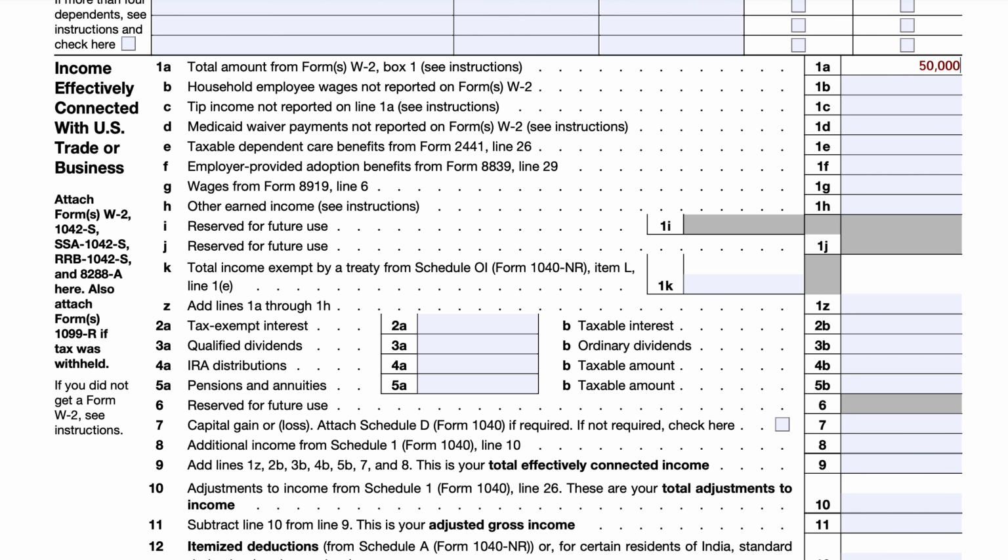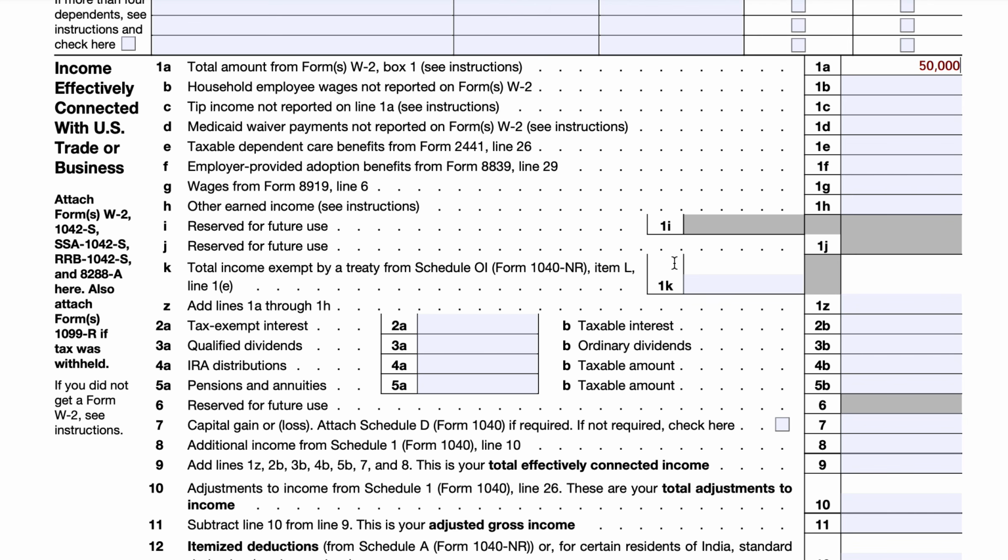So there are certain amounts that could be exempt under a treaty. Those would not be reported on line 1A. Those would be reported on line 1K and completed on Schedule OI. So if you're talking about total income exempt by a tax treaty between the United States and another country, that income would go here in line 1K.